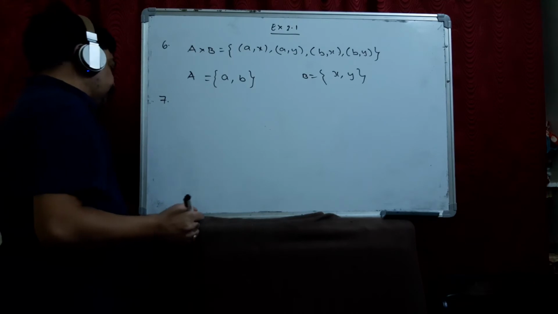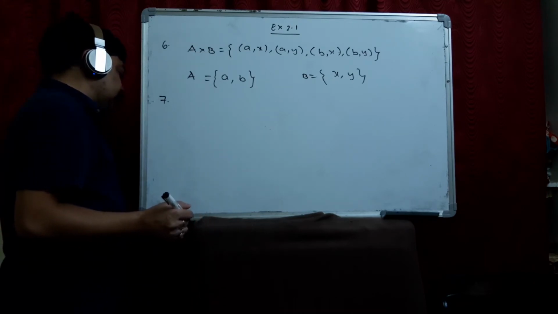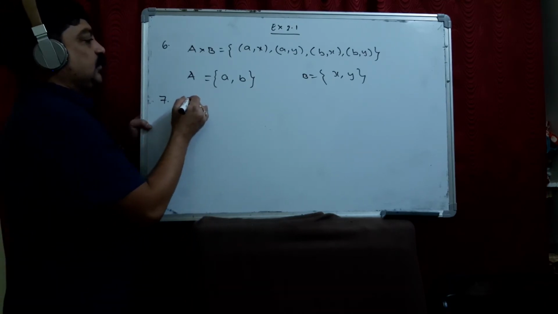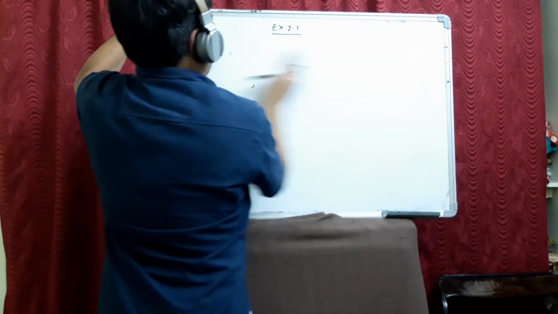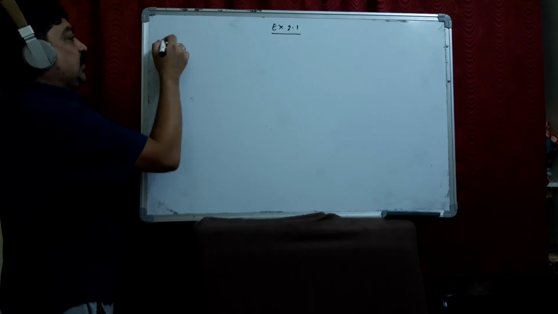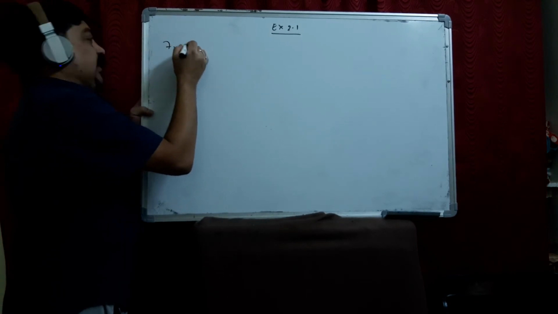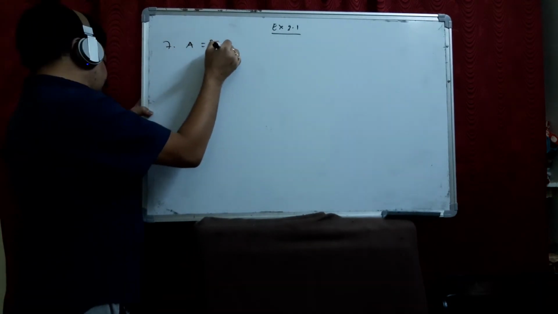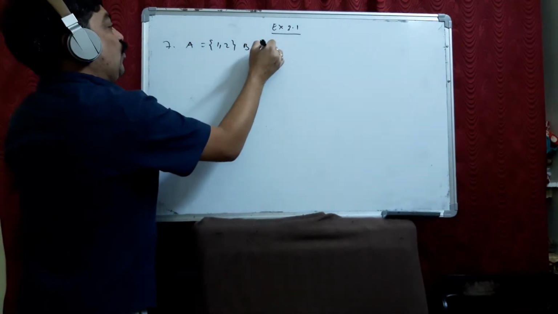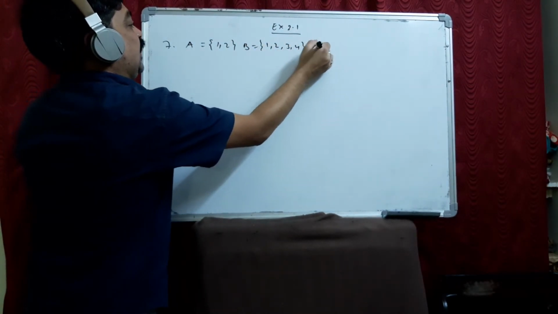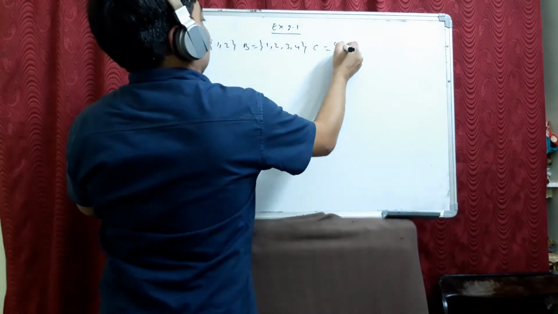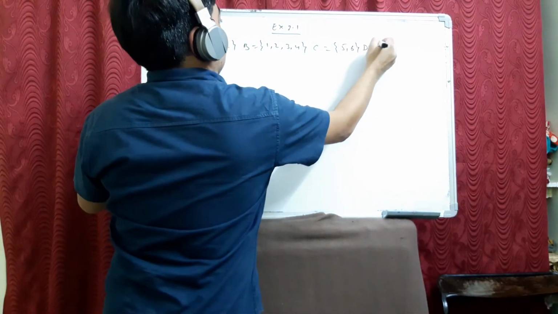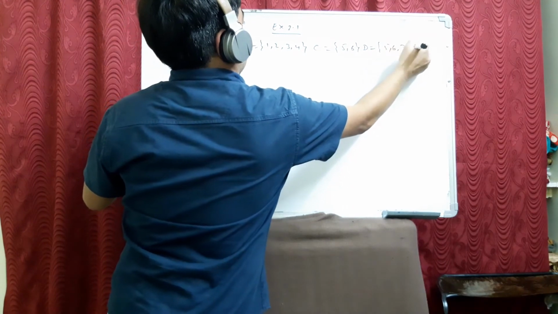7th question. You are given A = {1, 2}, B = {1, 2, 3, 4}, C = {5, 6}, and D = {5, 6, 7, 8}.